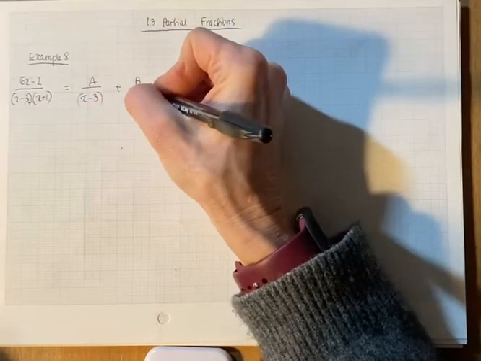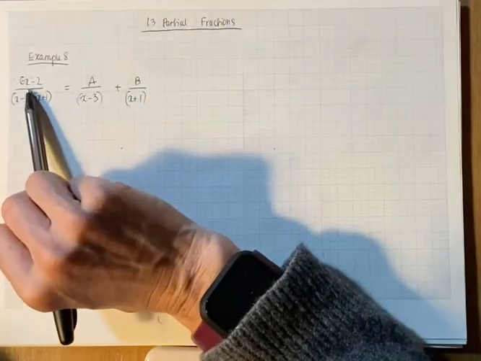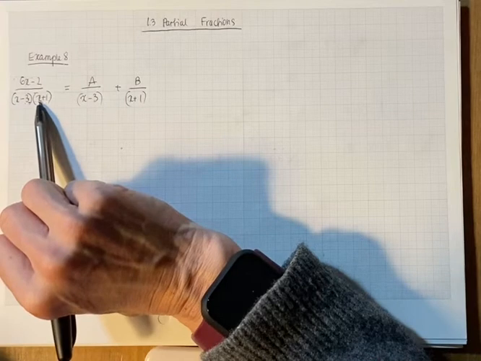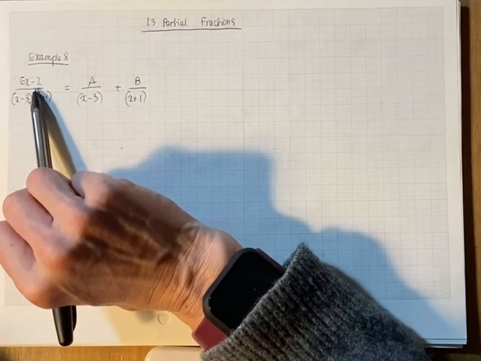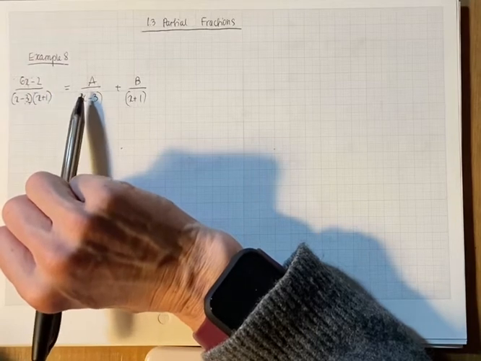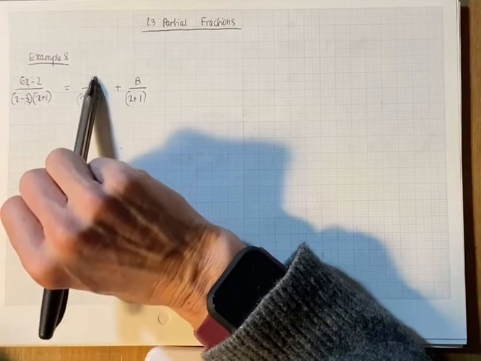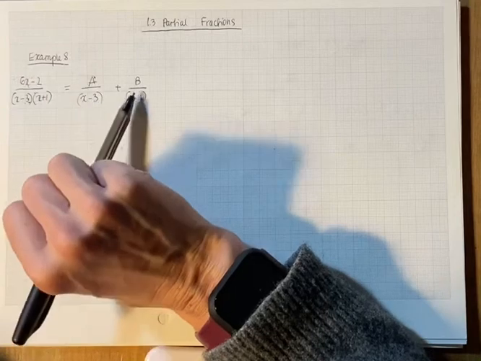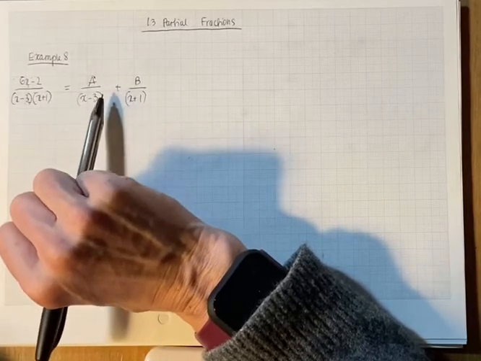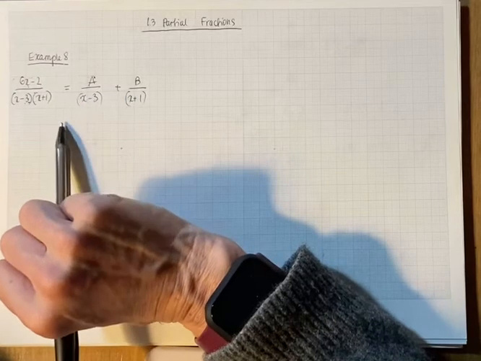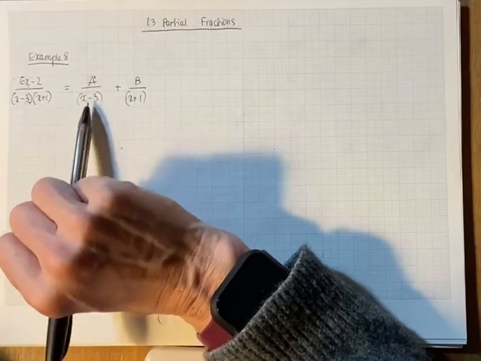Now, because there's a quadratic in the denominator and a linear expression in the numerator, we are going to rewrite it as a constant over x minus 3 and a constant over x plus 1. And this is quite a common thing with this topic, that we'll have a constant over number.